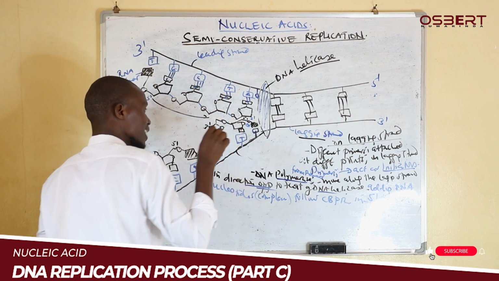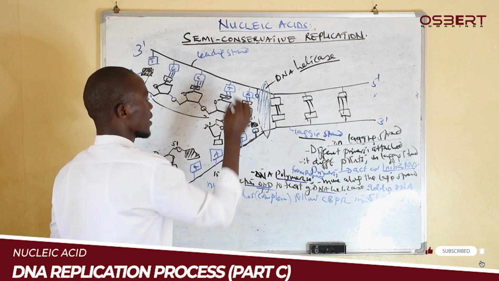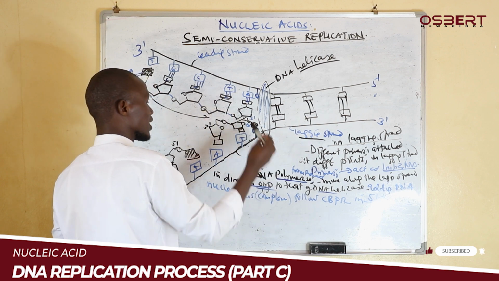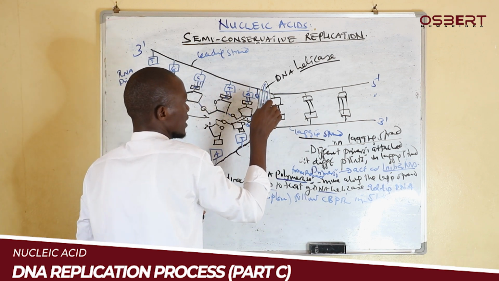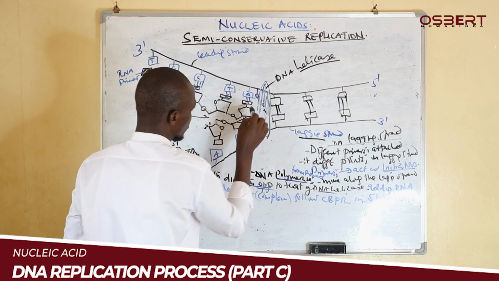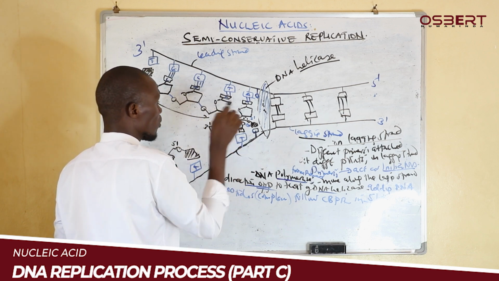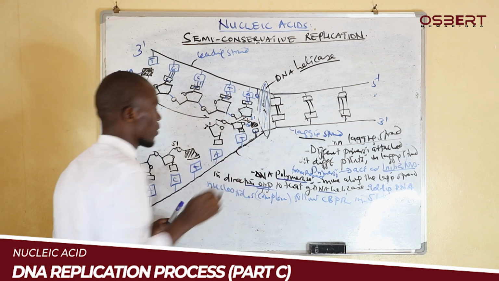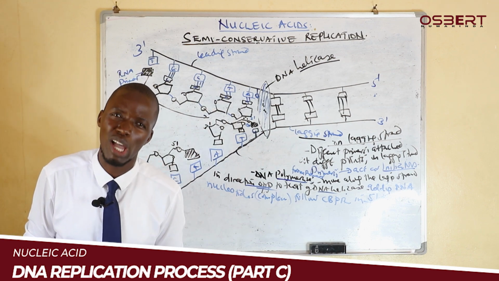So that's why, when it is catalyzing the addition of nucleotides, while moving in a direction opposite to that of the DNA helicase, from this side to this side, it will be moving in a 5' to 3' direction with respect to the chain which is being added. I hope you have understood me.